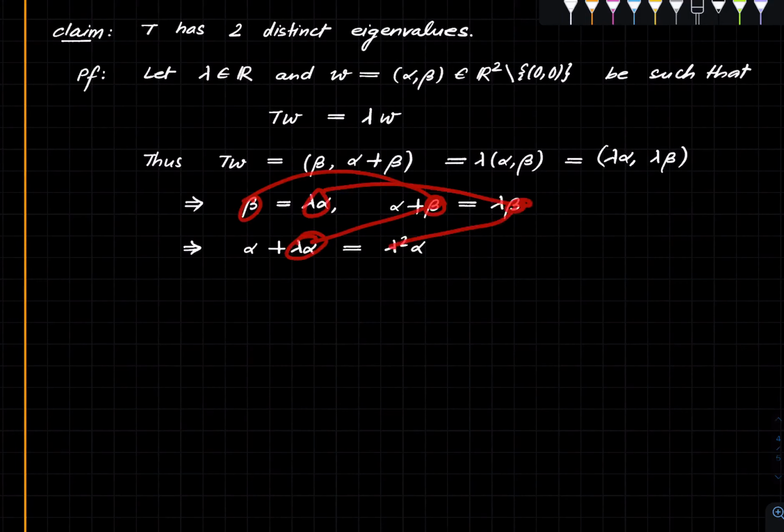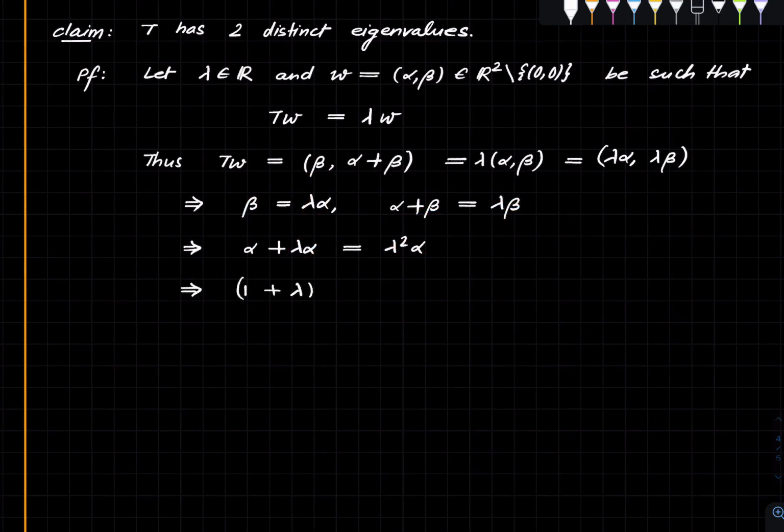So this implies (1 plus lambda) alpha equals lambda square alpha. So if alpha were 0, well, then we can't say anything. But if alpha were 0, I think it will turn out that W is 0. So let's see. Suppose alpha were 0. Then what happens? Then beta would also be 0, right? Because beta is lambda alpha. So alpha is non-zero.